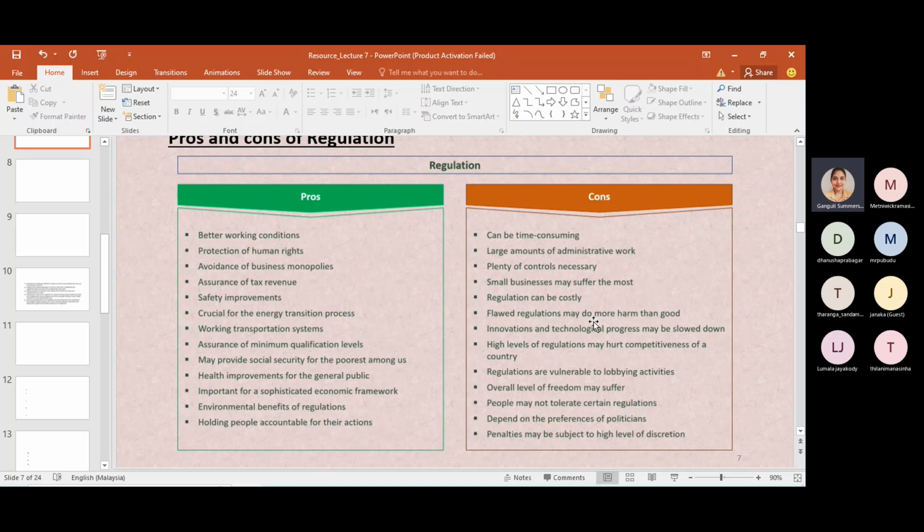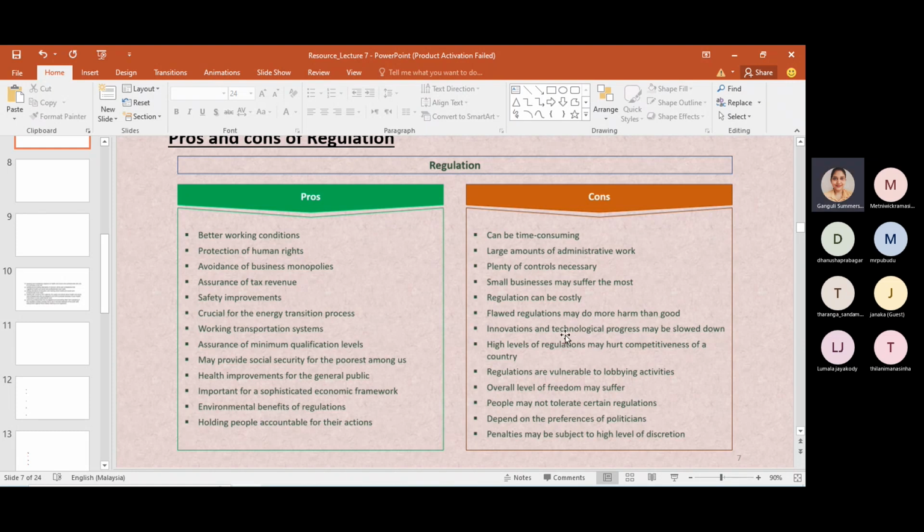So if the regulatory body was unable to do the regulation properly or correctly, it will do a lot of harm to the company which is being regulated.